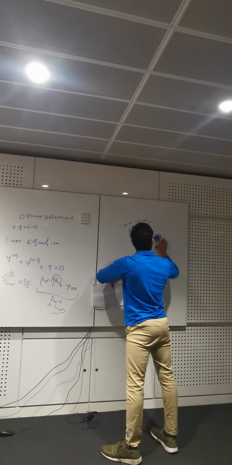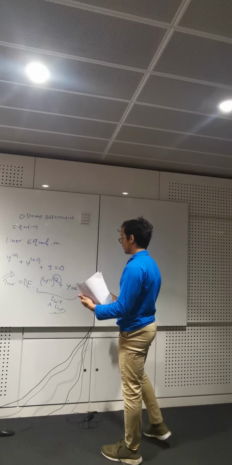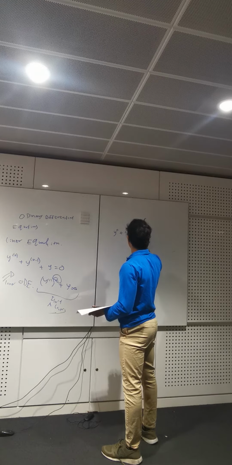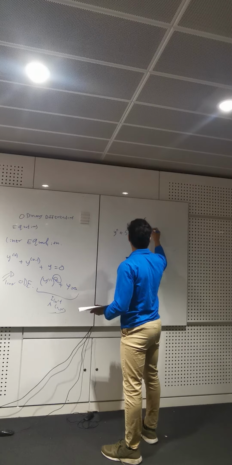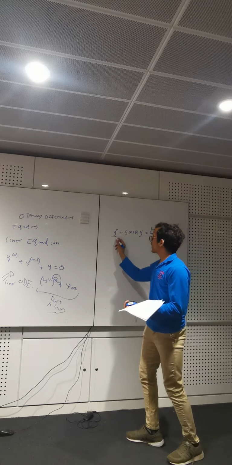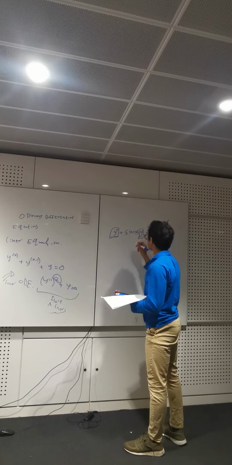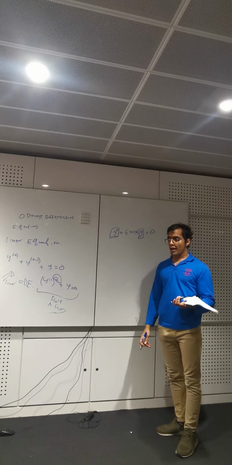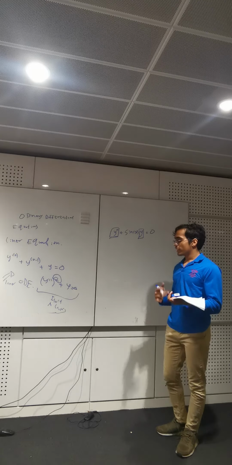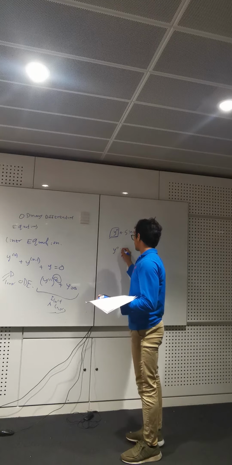Let's take another example of a linear ODE: the second derivative plus maybe sine of x times y is equal to 0. This is a linear ODE because we don't have y double prime squared, or y squared.